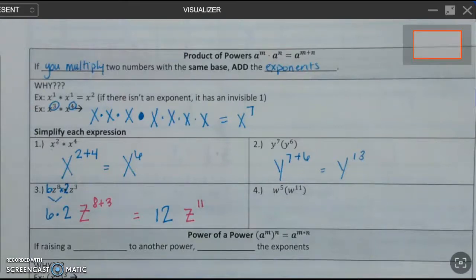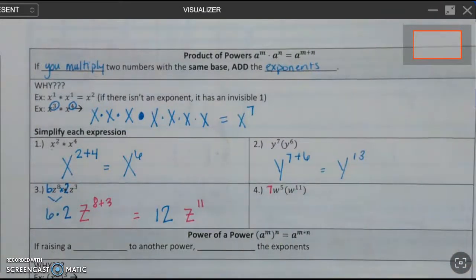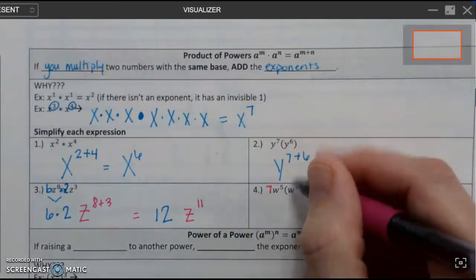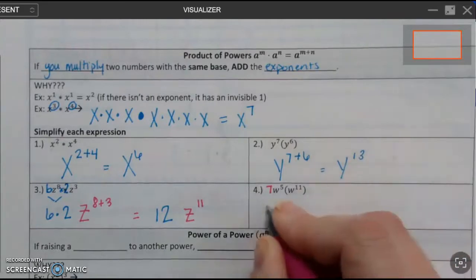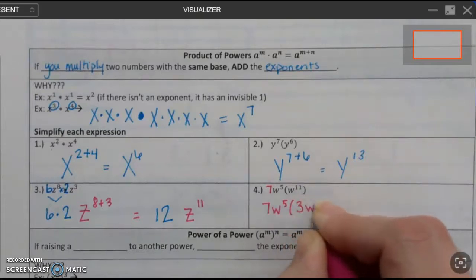Okay, let's try that again. Let's add another one here. Let's go 7 in the front here. And then there isn't really room to add a number in here. So maybe if we rewrite it as 7w to the 5th times 3w to the 11th.